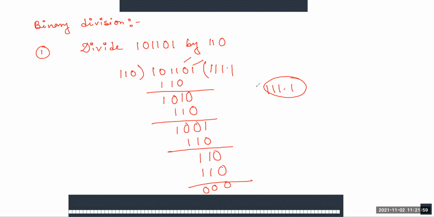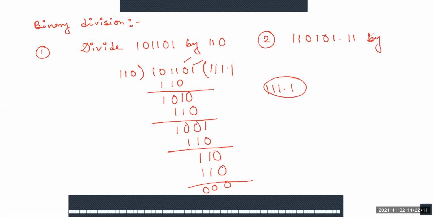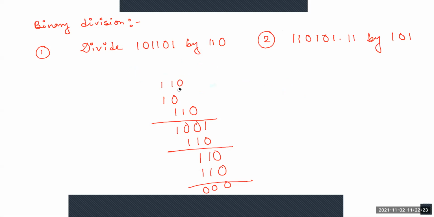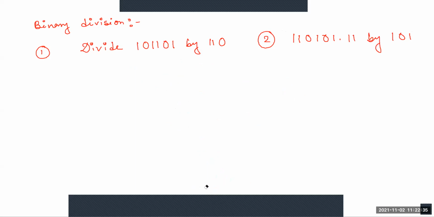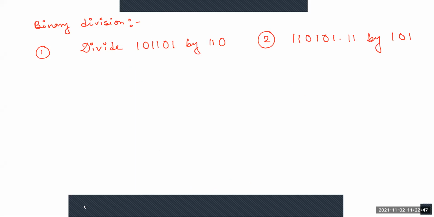Now I am giving one problem to solve. Suppose it is 110101.11 divided by 101. Whoever finishes the problem, put the answer in the chat box.